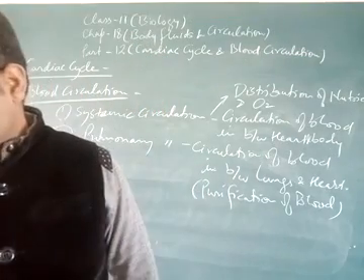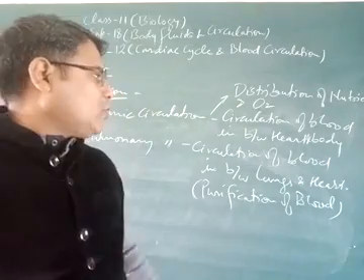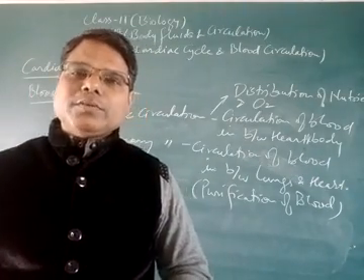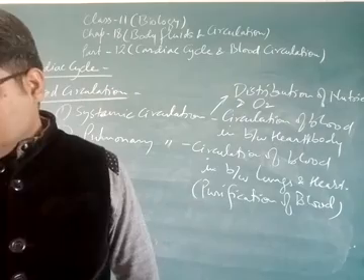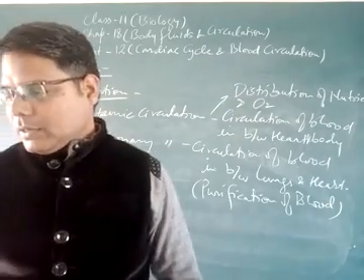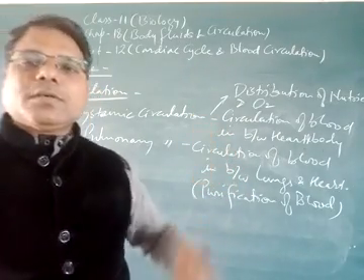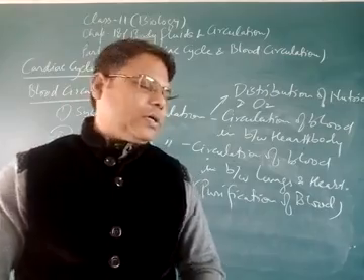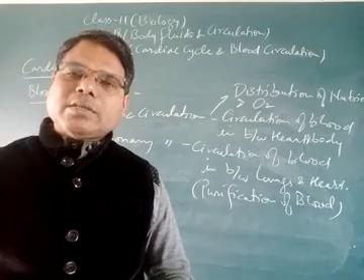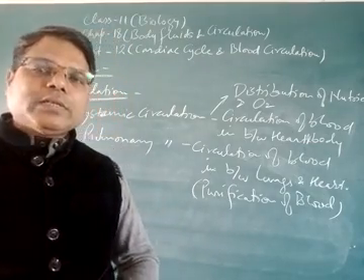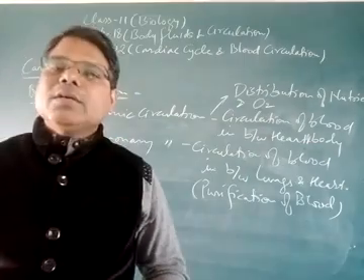Students, in the next class we will discuss some more information about this chapter, including blood pressure and cardiac output. From this, you already know that the human heart is characterized by double circulation, which involves systemic circulation and pulmonary circulation.